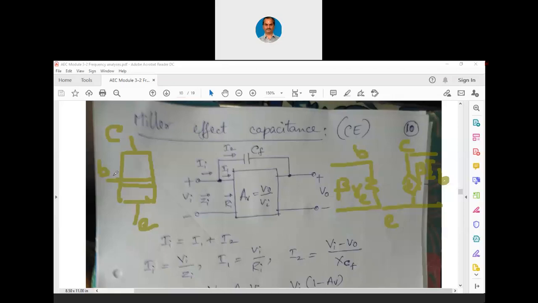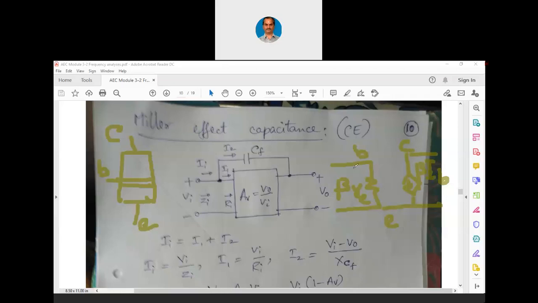When it is reverse biased, we did not bother much about it. Base to emitter junction is always forward biased, so we replaced it with beta into RE. Whereas from collector to emitter, when the current was flowing, we replaced it with this current source beta into IB.